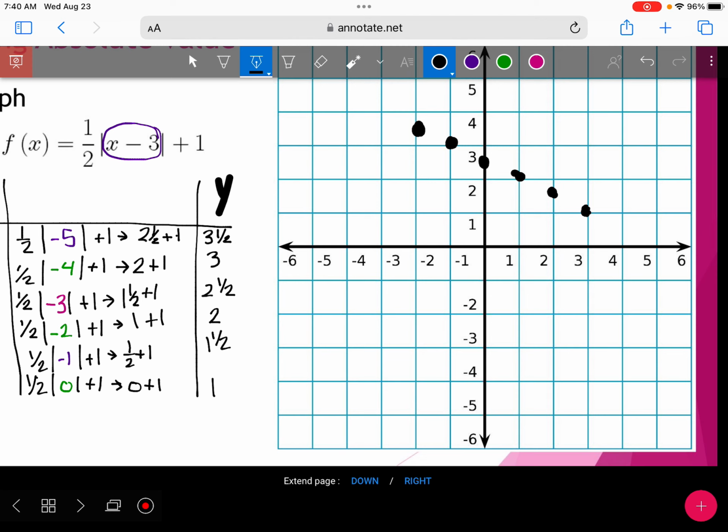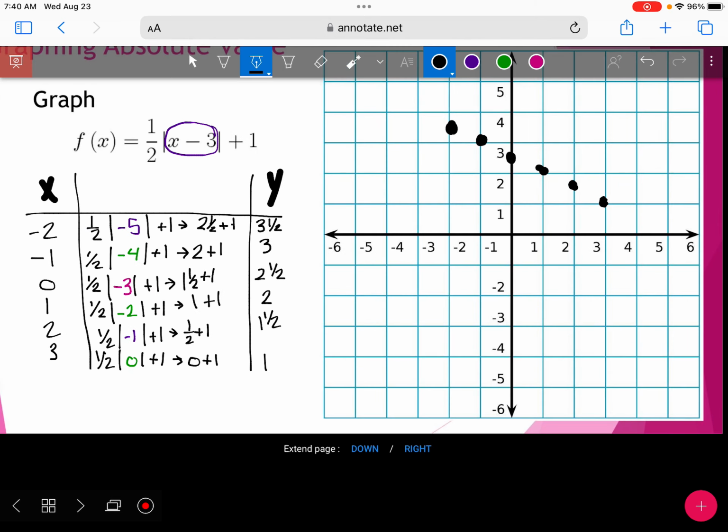Let's do another one. See if we can find the bottom of it. Let's try 4. There we go. 1/2 times the absolute value. 4 minus 3. Positive 1.